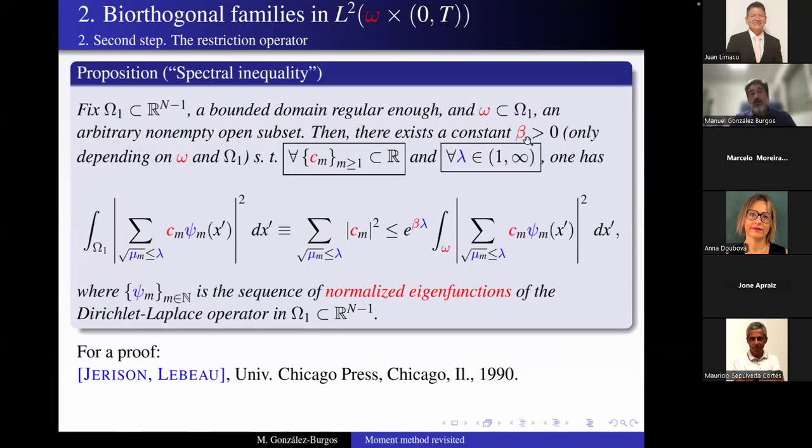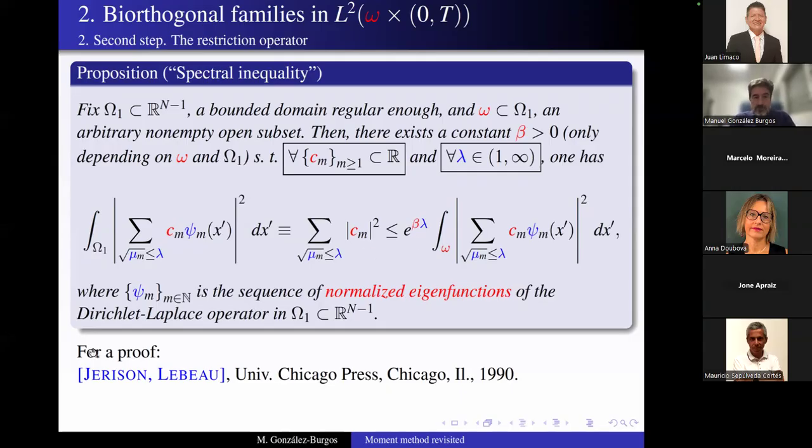Then there is a constant beta positive such that for any sequence C_m and for any lambda between 1 and infinity, the norm of this finite combination of C_m in L2 of omega 1 is bounded by the norm of this quantity in L2 of little omega times a constant. And this constant is the exponential of beta lambda. This is the way of measuring the loss of the orthogonality property.